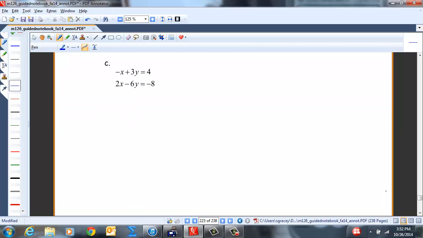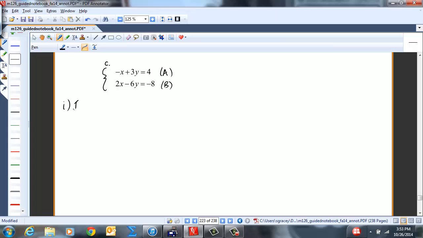Okay, so this one, again, we have our A and our B. So I think in this one, it'll be easiest to isolate x. So let's start off with that.